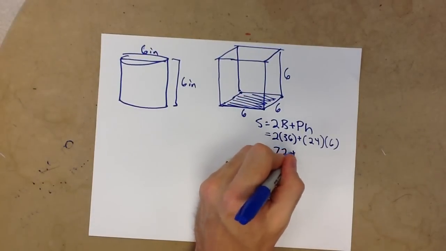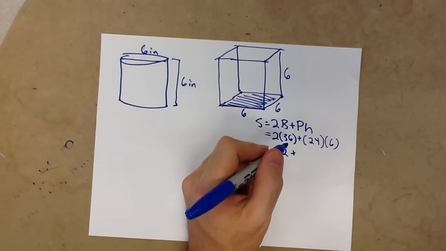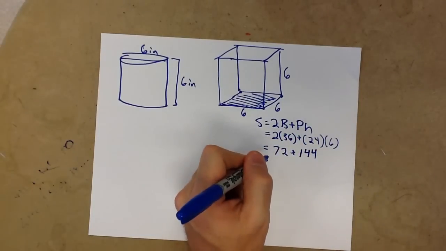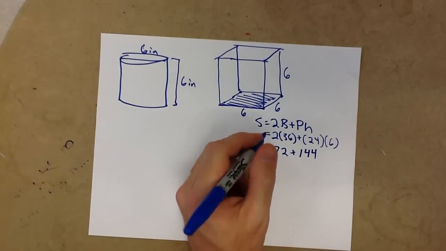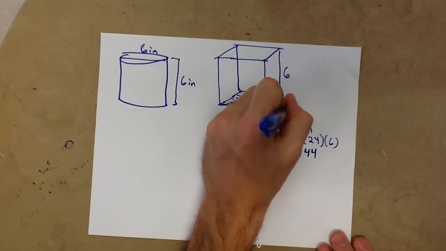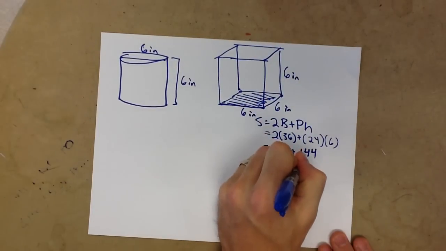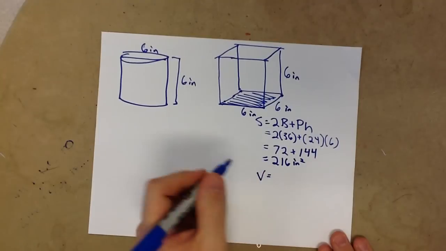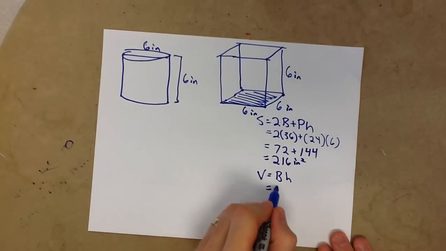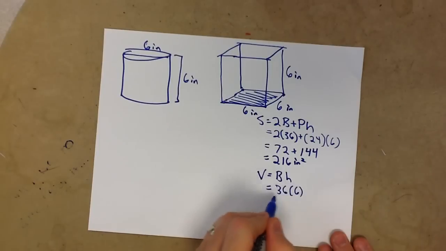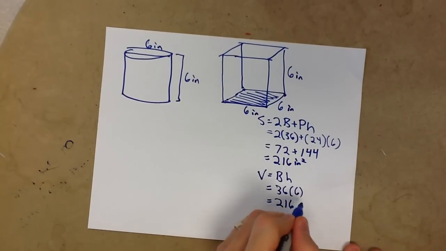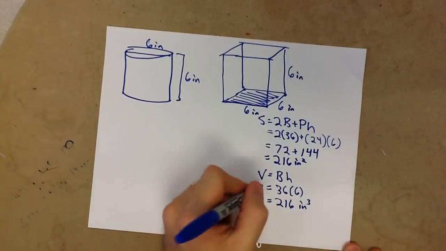I get 72 plus 144 gives me a total of 216. These are all inches squared. My volume is going to be base area times height. Base area we already said was 36, height was 6, and 36 times 6 is also 216 inches cubed.